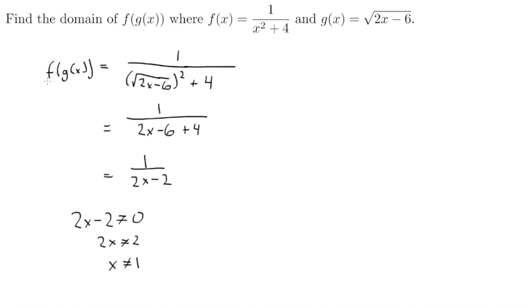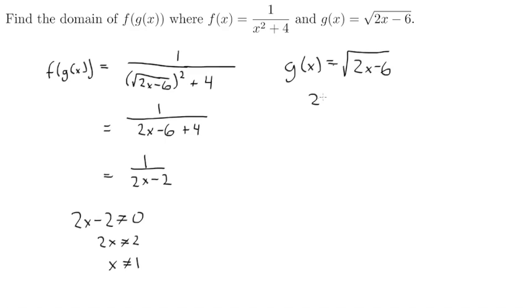We can't get to the outside function if we don't get through the inside function first. So in addition to looking at the domain of the composition itself, we also need to look at the domain of the inside function. Remember, that's the square root of 2x minus 6.